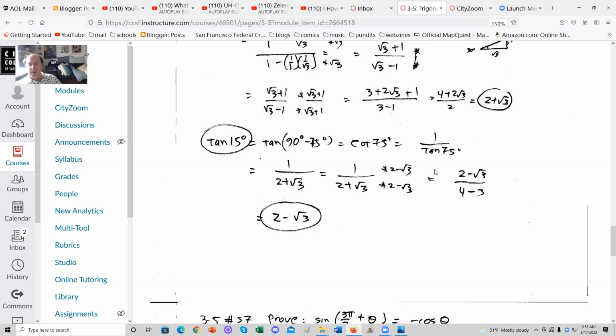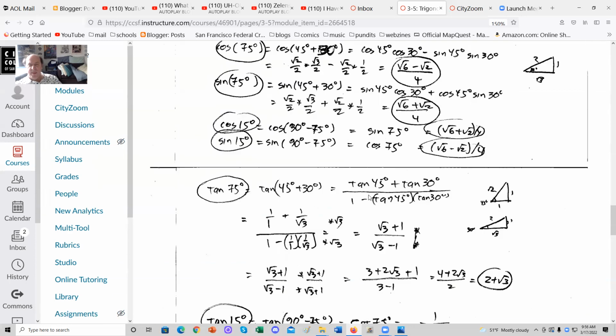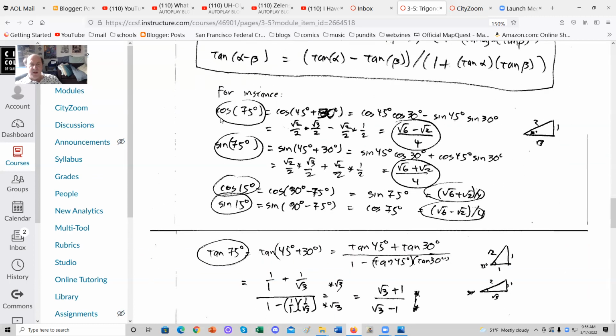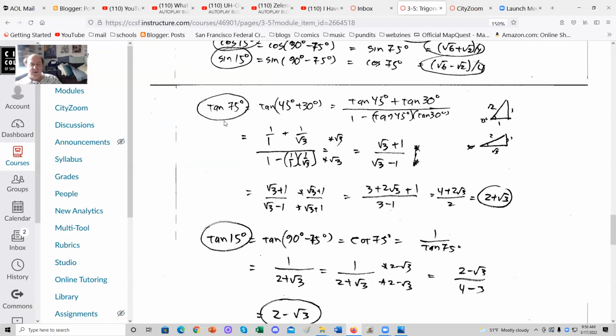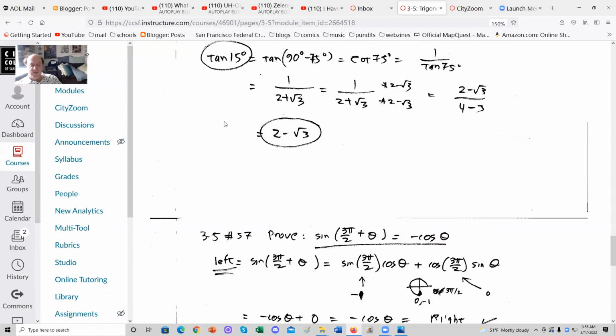And the numerator, 1 times 2 minus root 3, is just 2 minus root 3. And the denominator, 2 plus root 3 times 2 minus root 3, is 2 squared minus root 3 squared. That's 4 minus 3, which is 1. And so in the upshot, you get 2 minus root 3. What do you know? We've just figured out cosine, sine, and tangent of 75 and 15 degrees.